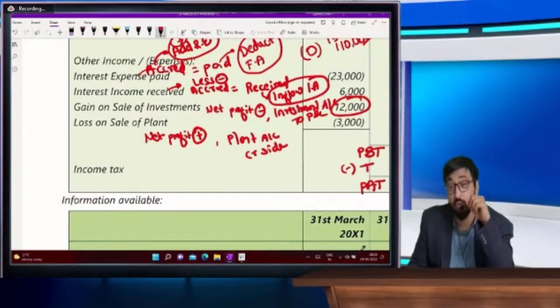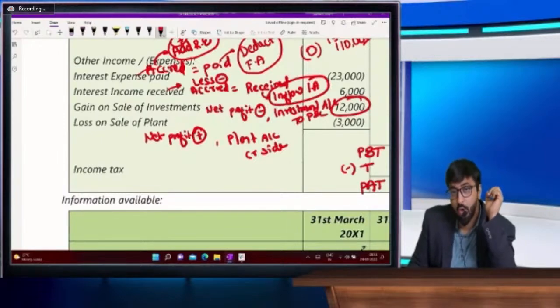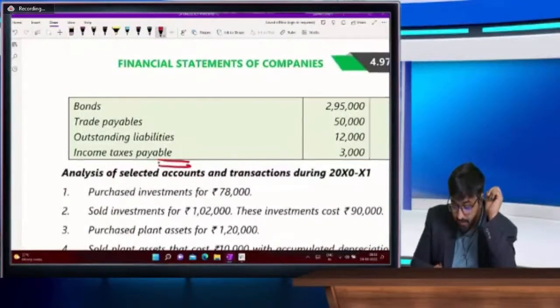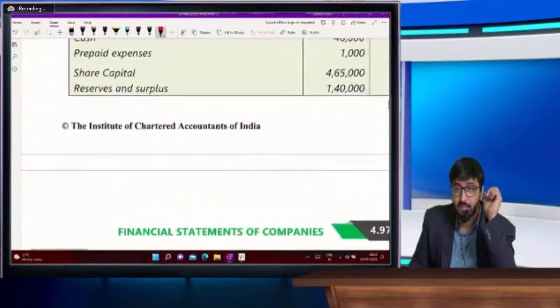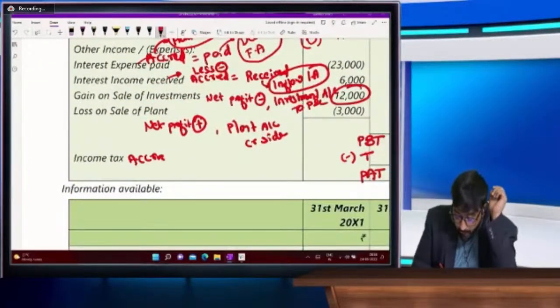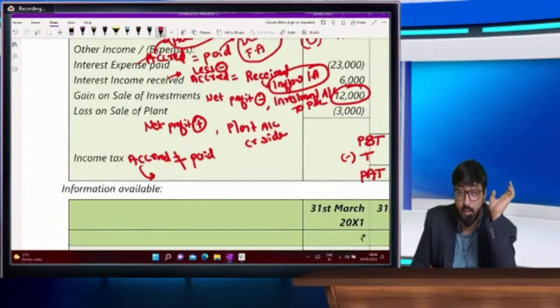Beta, please focus, it's my request. Now tell me, what about income tax? Income tax, whether this is accrued or whether this is paid. You can see here, income tax payable account is open. So this is accrued, which is not equal to paid. And we focus on accrued. Paid is not important for us.